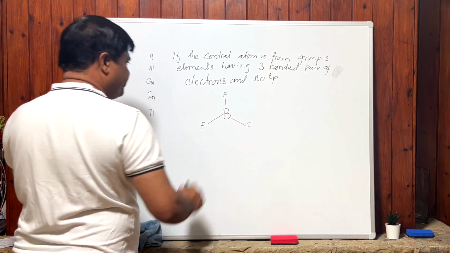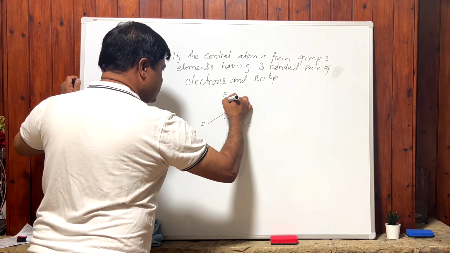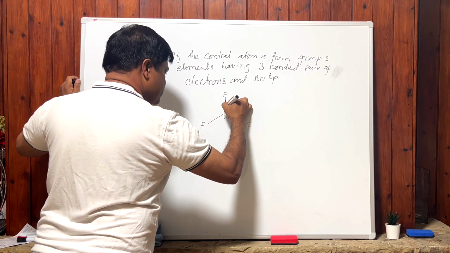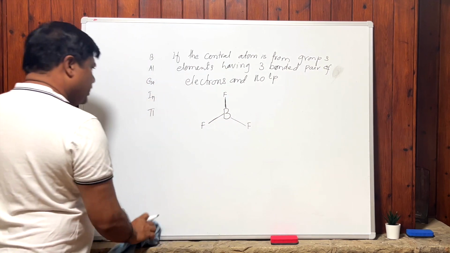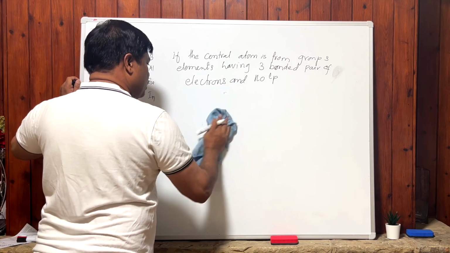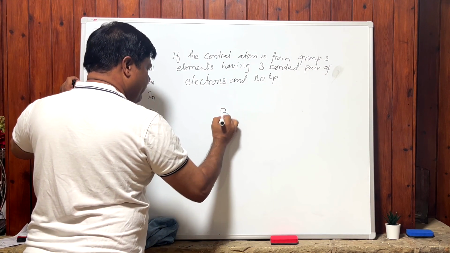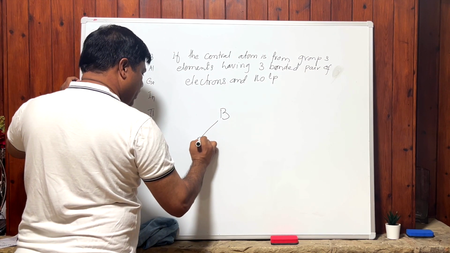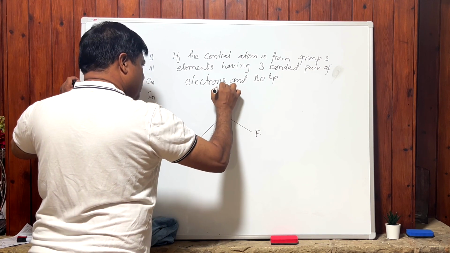It is a planar molecule, guys. It's not 3D, just planar, so we are not using the wedge and dotted. B boron, with fluorine or hydrogen. You can use fluorine. You can use chlorine also.